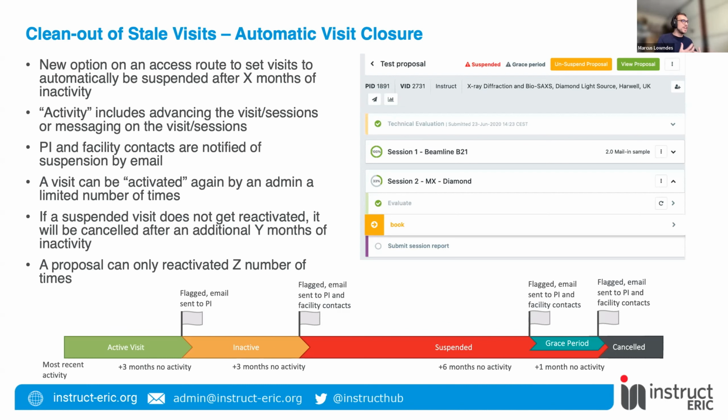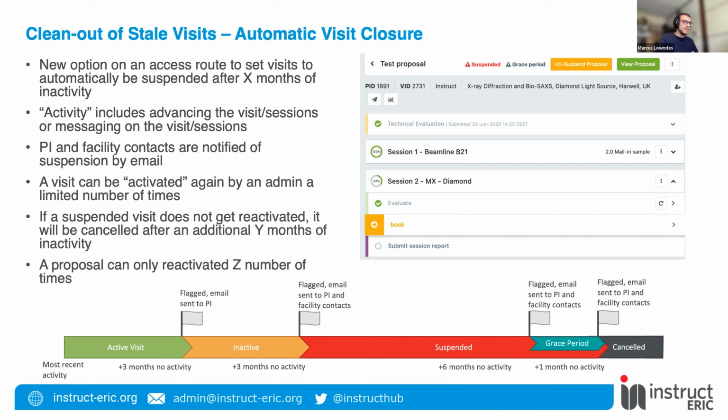This doesn't actually change what the visit can do or what can be done with the visit, but it just signifies that in a certain amount of time after this suspension, the visit will be automatically closed off and cancelled because no activity has happened on it.